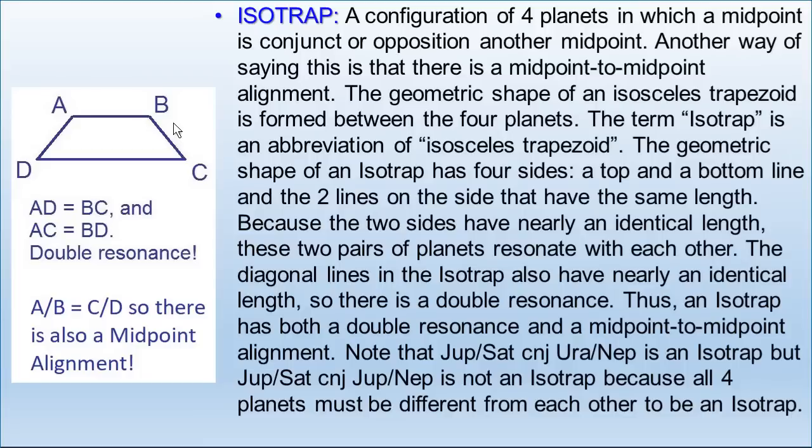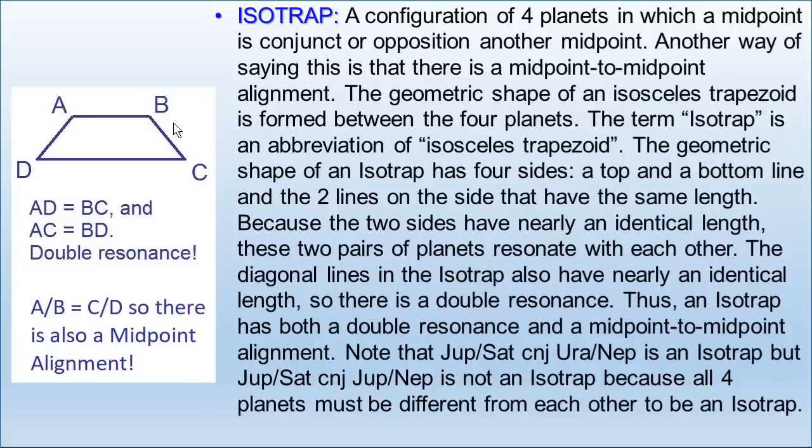Nearly identical because we allow an orb. Everything in astrology we allow some orb. It doesn't have to be exact to the minute. With isotraps, the orb is small. That's one explanation of an isotrap: two pairs of planets are separated by nearly an identical angular distance.